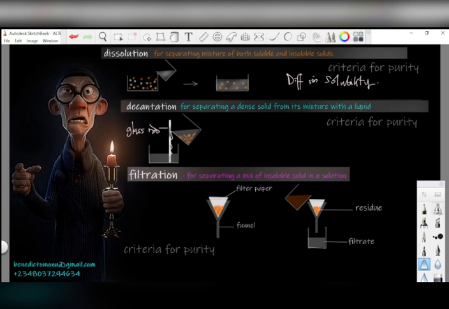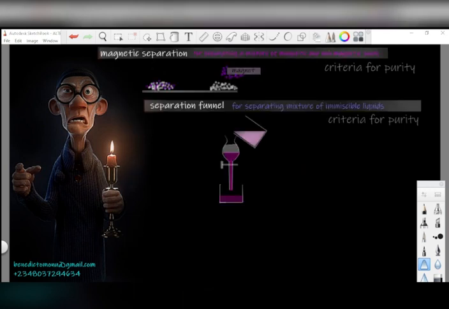You pour it in this way, and when you pour it, the insoluble solid is held behind by the filter paper, and that is called the residue, while the solvent part that is able to pass through the filter paper is called the filtrate. By so doing, this solution has been separated into residue and filtrate.